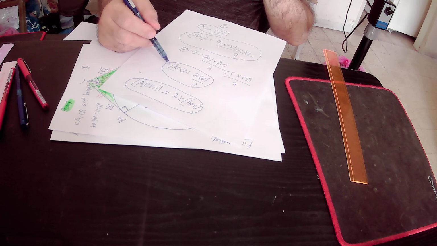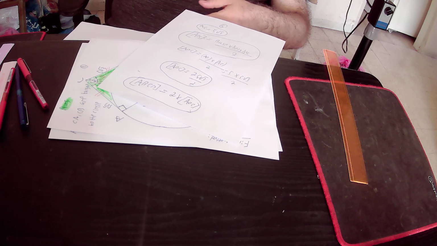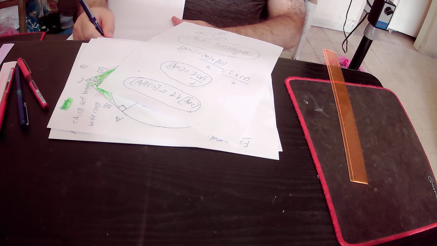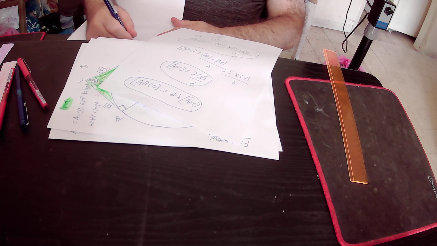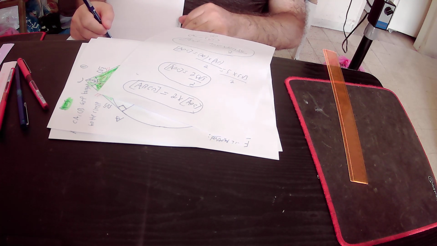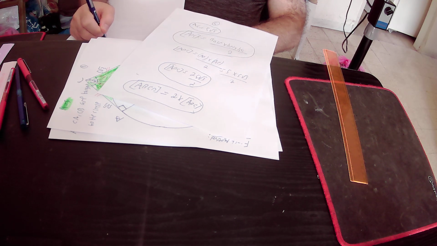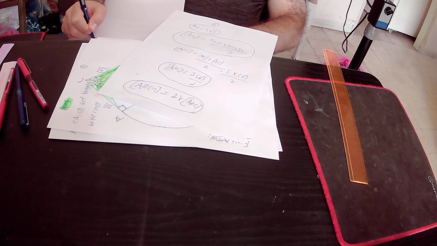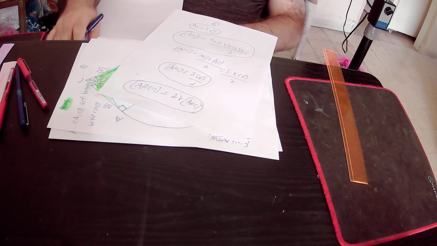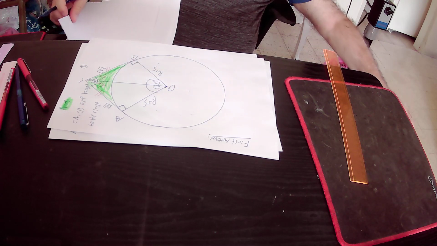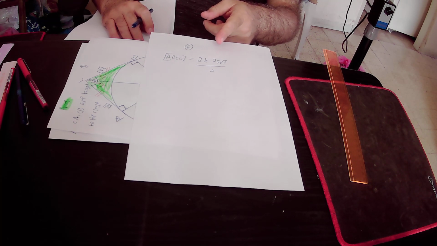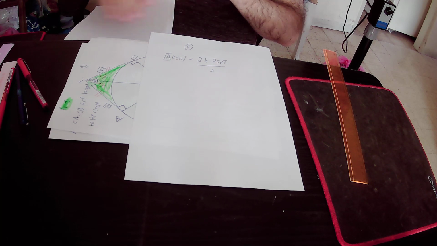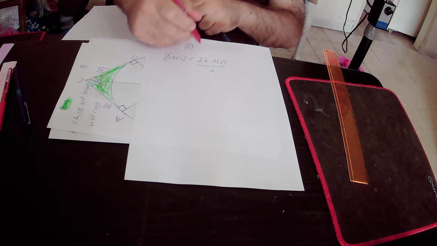So 2 times 25 root 3 over 2. Here, 2 over 2 is 1.